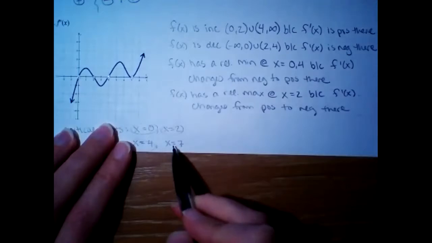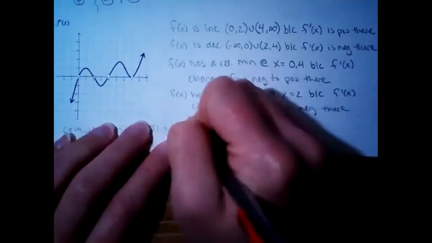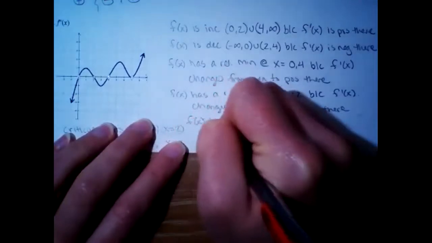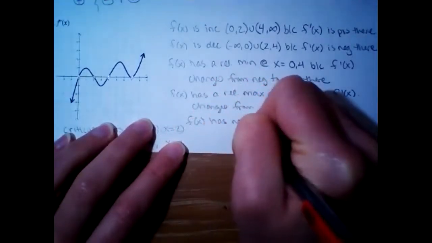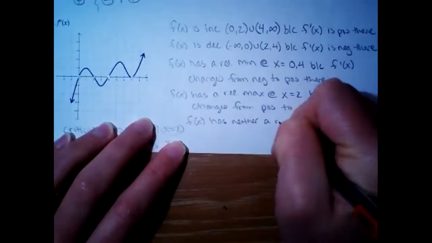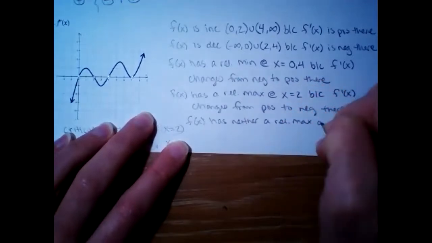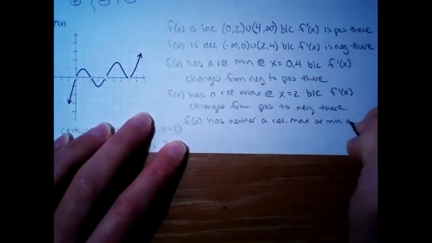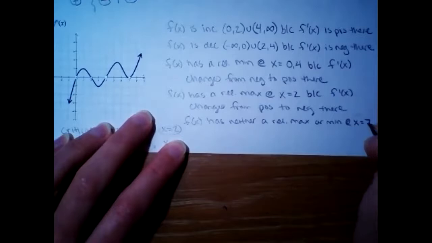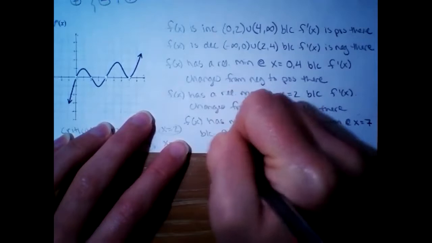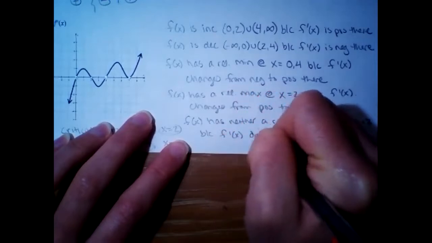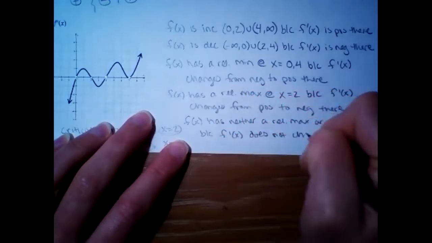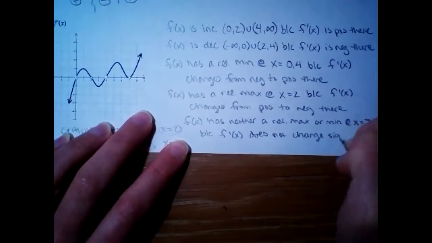Just because it's a candidate doesn't mean that you actually get a relative extreme there. So f of x has neither a relative maximum or minimum at x equals 7 because f prime does not change sign there.